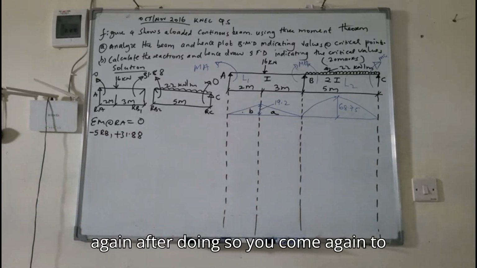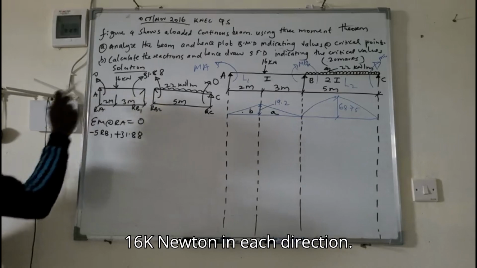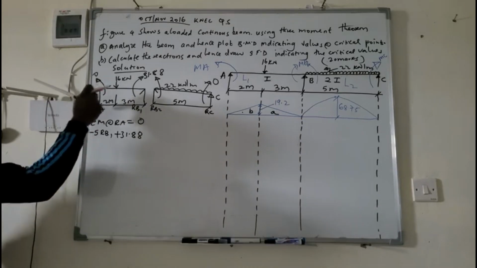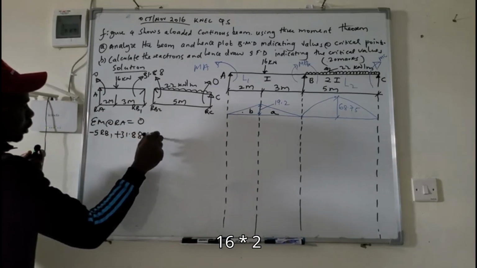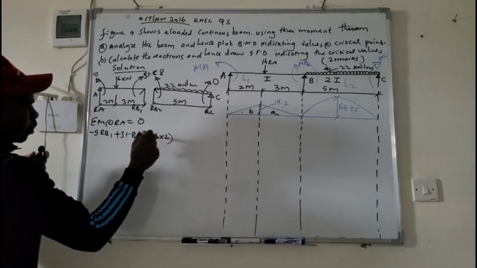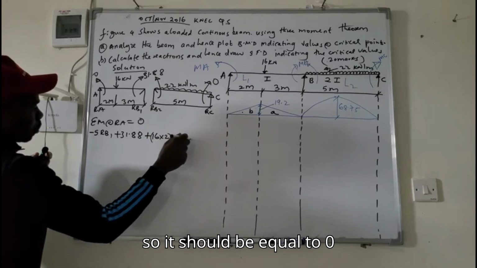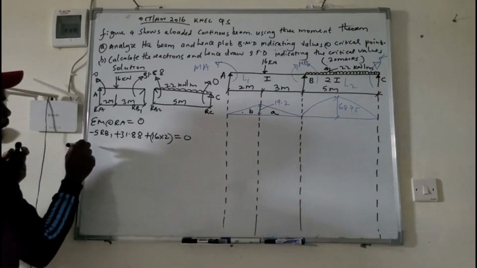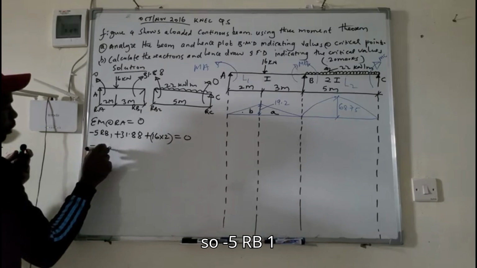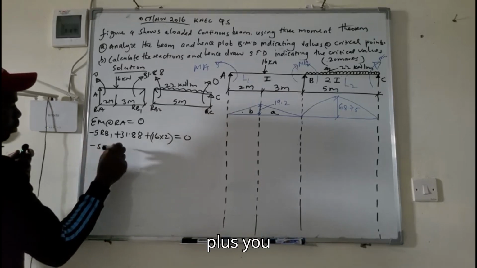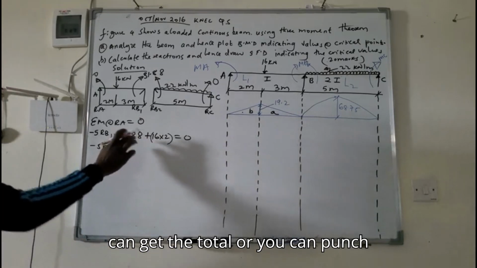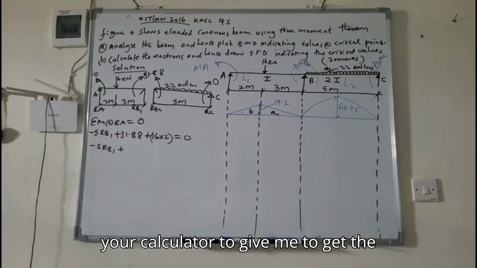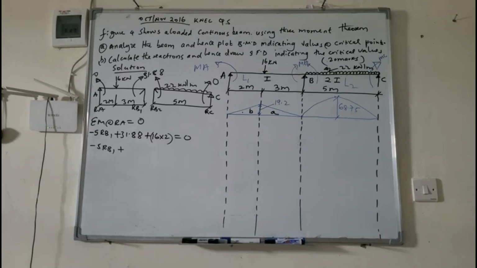Again, after doing so, we come again to 16 kilonewton in each direction clockwise. So plus 16 times 2. So it should be equal to 0. So minus 5 RB1 plus, you can get the total, or you can punch your calculator to get the answer for this one.